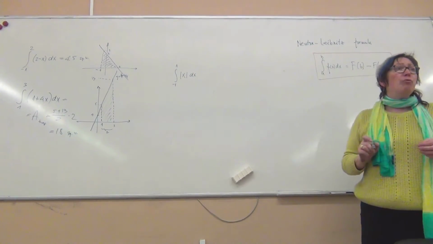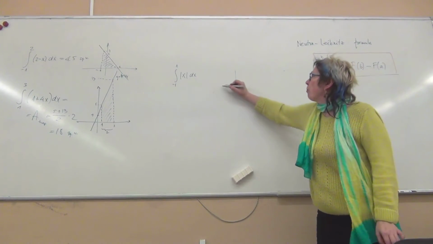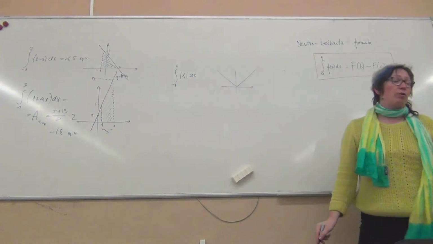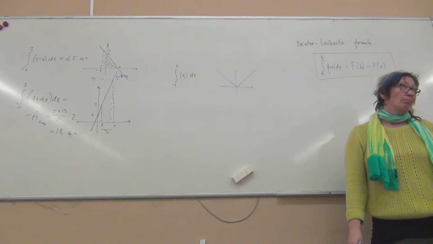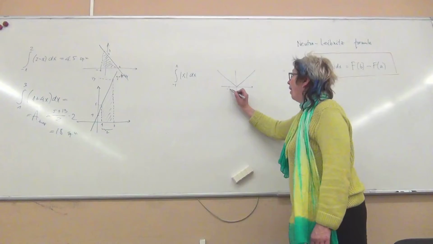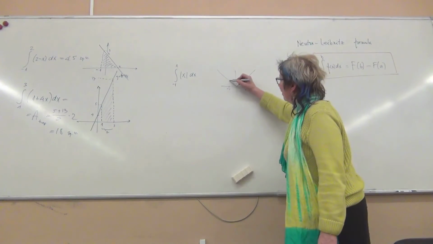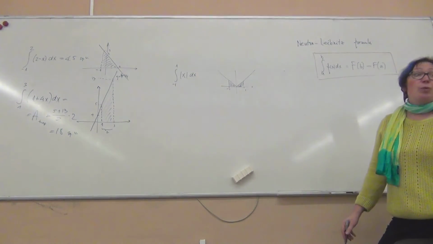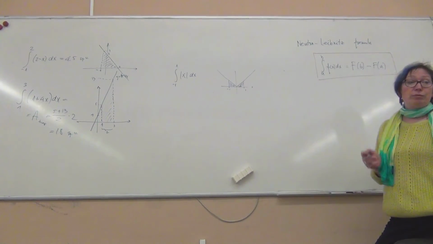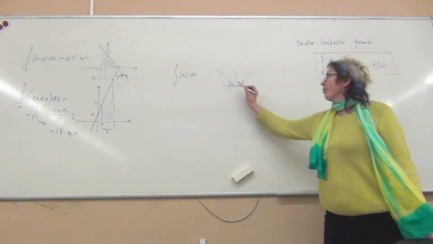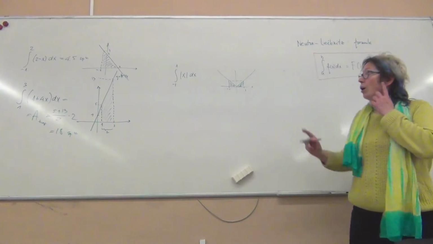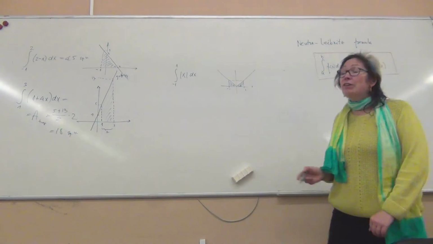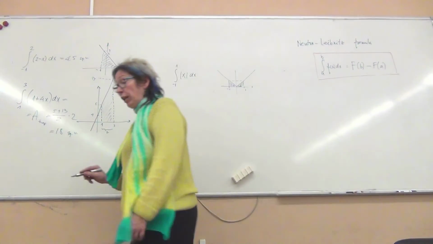But if we remember what the graph of the simple absolute value looks like, it has a V shape, just like this. From minus 1 to 1, we need this area, which is 1: 1/2 plus 1/2. So again, using geometrical considerations, it's easier to solve than by using integration.